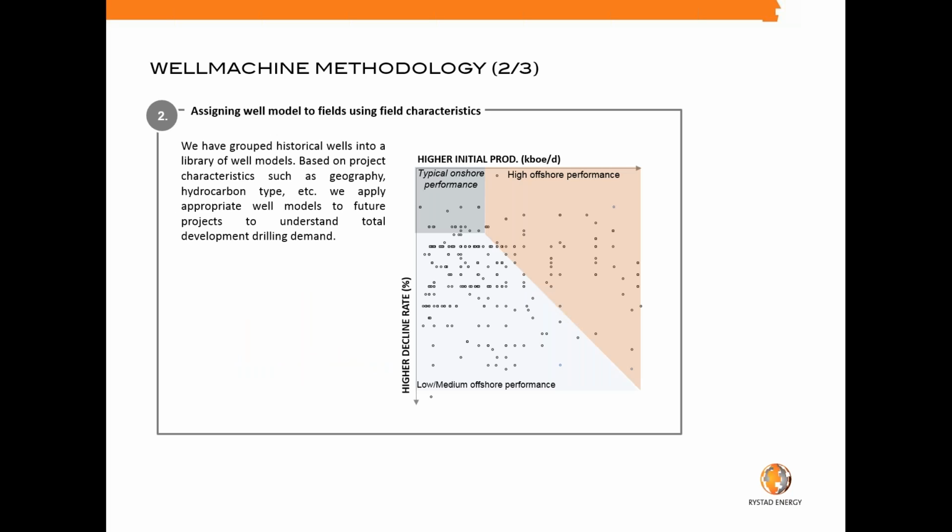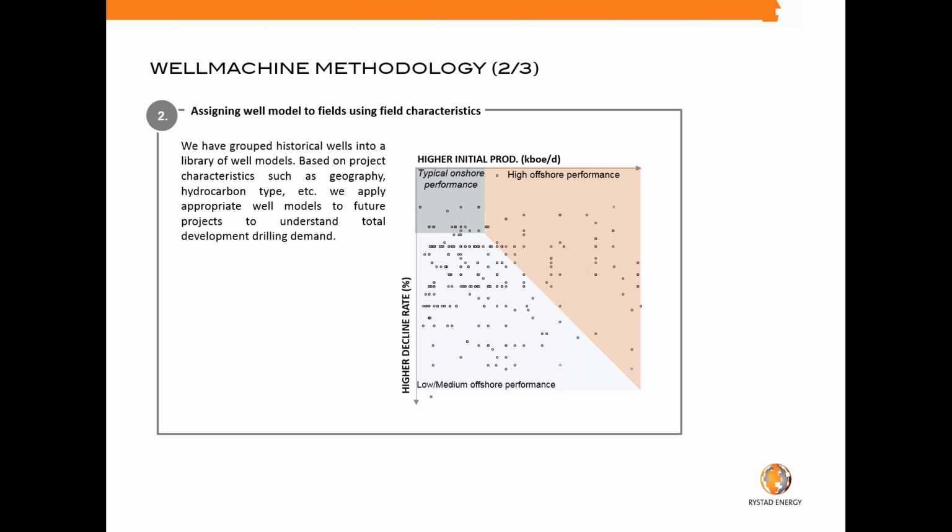Based on the characteristics of a specific well, we further group all historical wells into a library of well models, and based on the project characteristics such as geography, hydrocarbon type, etc., we can then apply appropriate well models to future projects to understand the total development drilling demand.